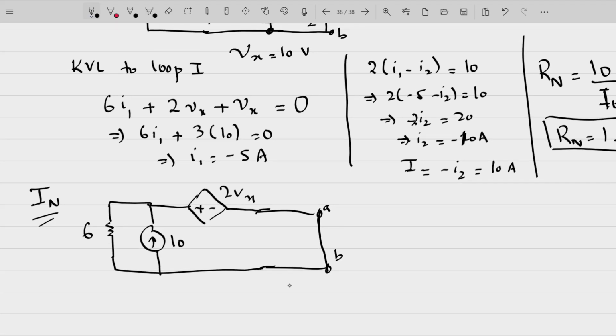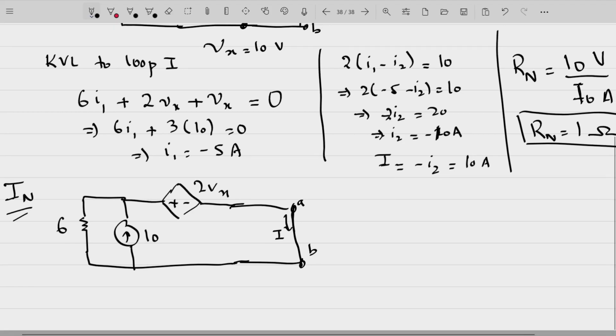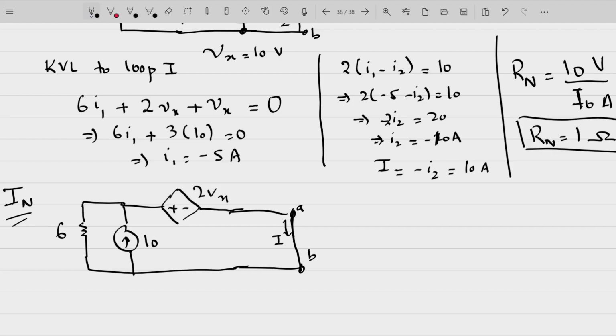So now you have to find out the value of current here. I am showing this resistance just for one reason. The voltage across this resistance was Vx.